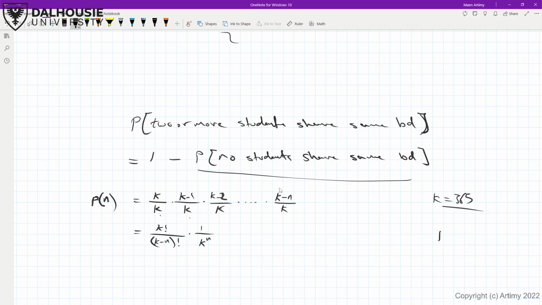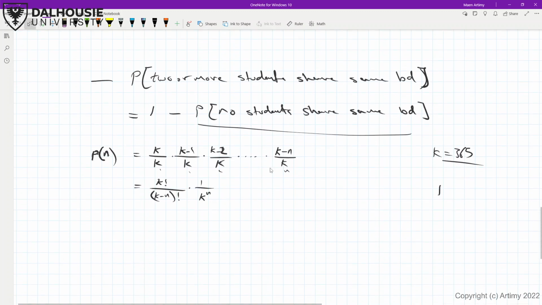Because we have 1, 2, 3 up to n here. So that's the solution for the probability of no students at all sharing the same birthday.